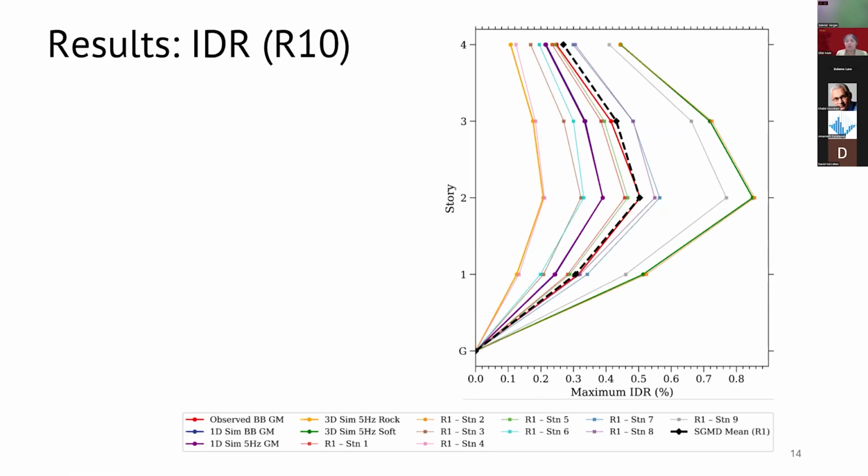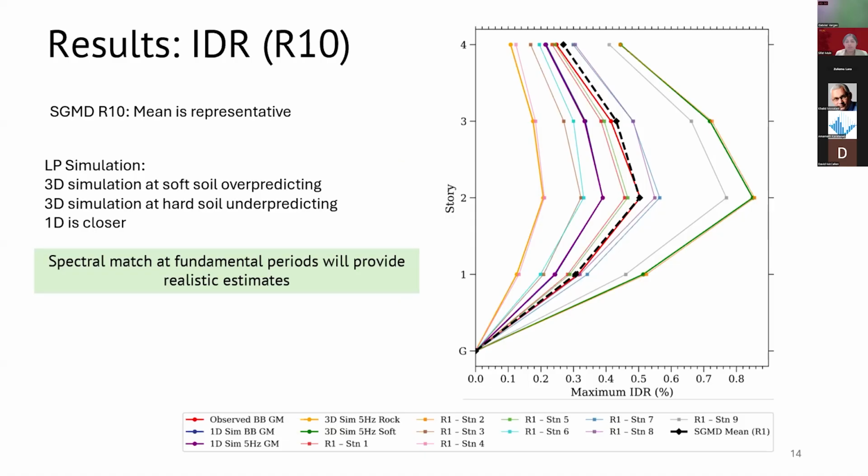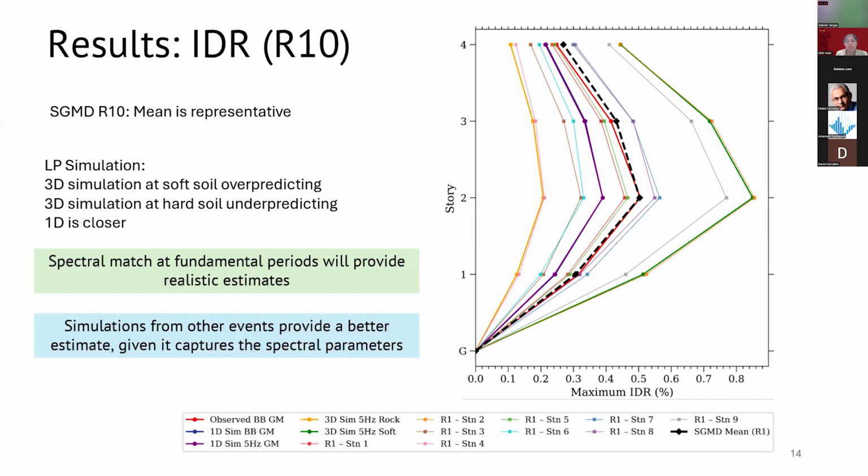But when we go to the results, the drift profile, we see that the mean actually gives us very good estimate of the actual recorded values. And here, the main finding that we are seeing is it is the spectral match at the fundamental periods that is being the driving force here.